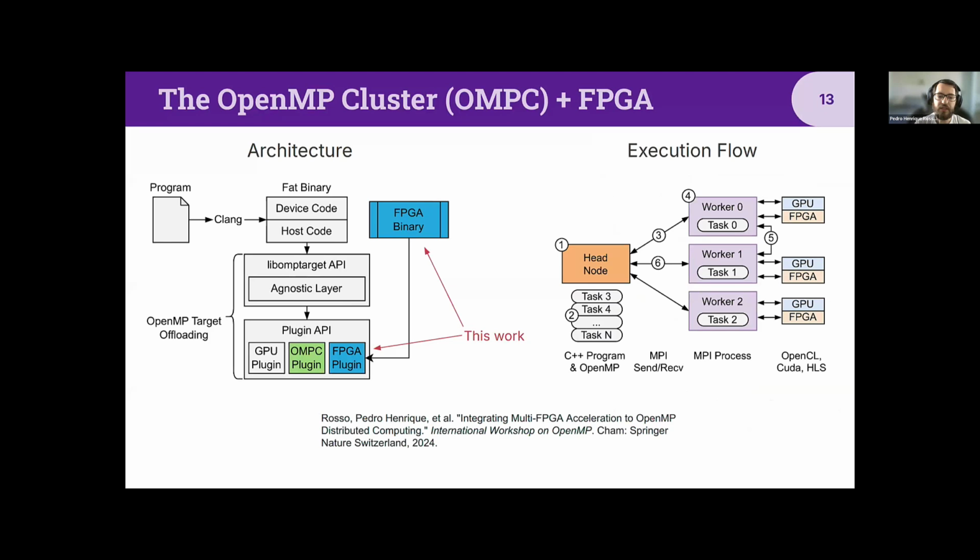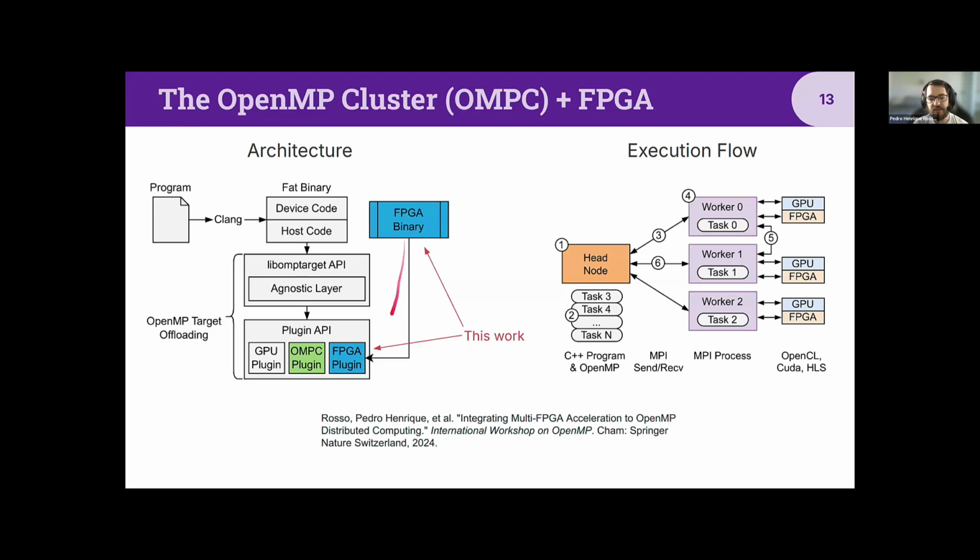So instead of having the binaries compiled during the program compile, we read the FPGA binaries and put them in the boards during the execution. And this brings a few other improvements that I will talk about soon.